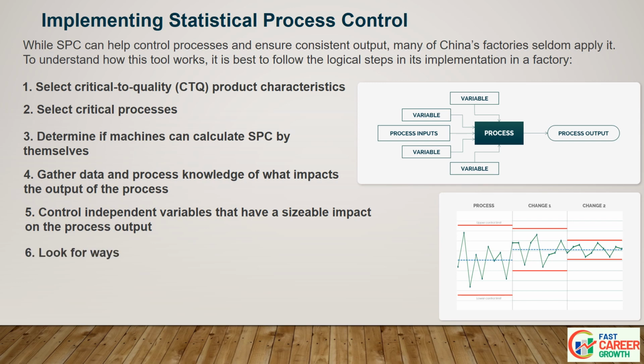Control independent variables that have a sizable impact on the process output. There are two ways you can ensure that your production does not deviate too much. First, gather data on the variables you identified previously on a regular basis, such as 5 random samples every 4 hours.